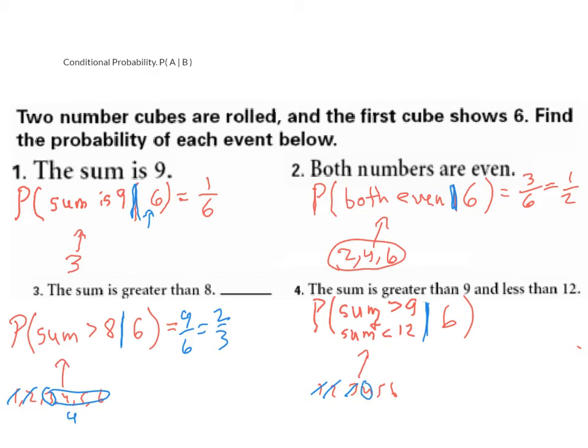It counts. 6 plus 5 is 11. That is greater than 9 and less than 12. That fits both criteria, so it counts. And then 6 plus 6 is 12, which is greater than 9, but it's not less than 12. It is 12, so that doesn't count. So when we have two options that fit the criteria, the probability is 2/6 or 1/3. Yay!